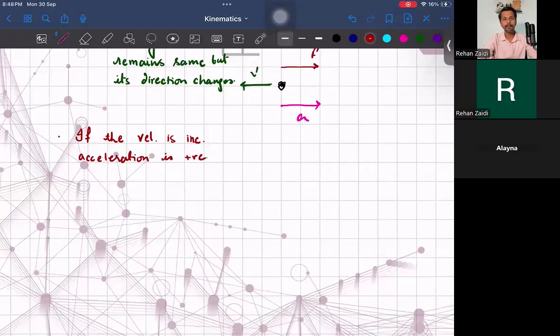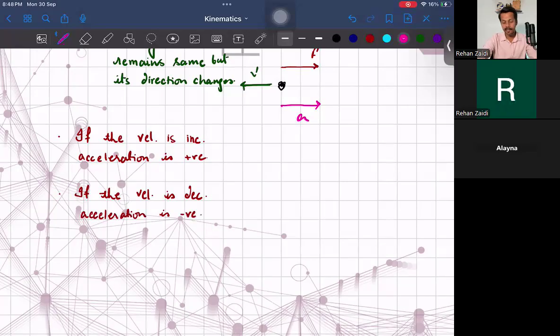We never say positive acceleration, right? If the velocity is decreasing, acceleration mathematically is negative. ऐसा है?